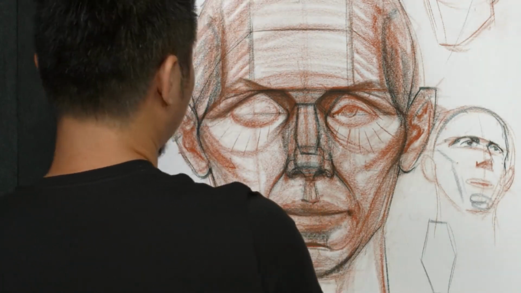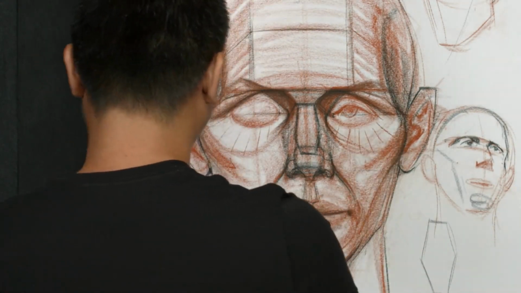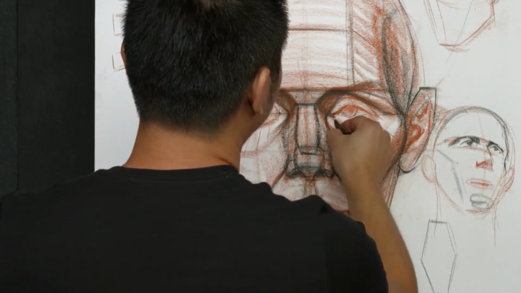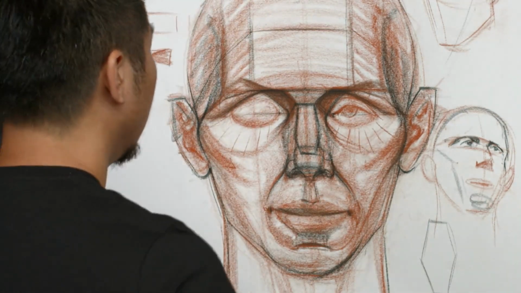So what I'm doing, I'm not fully rendering, I'm just going to indicate some dark and light patterns to bring out the eye more tonally.